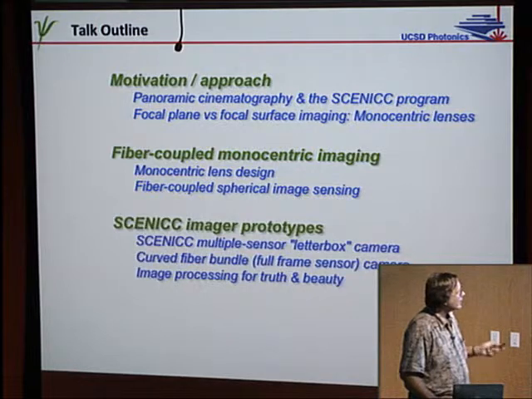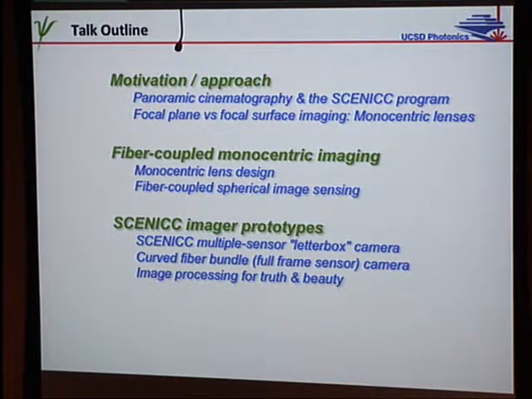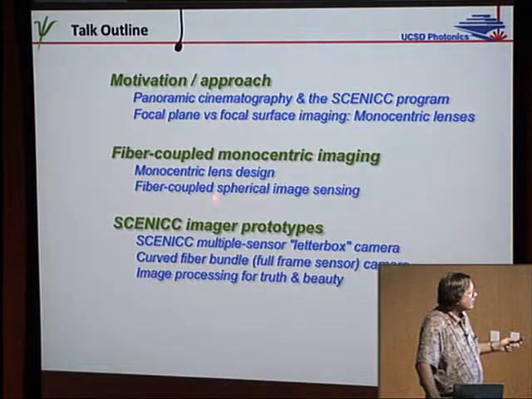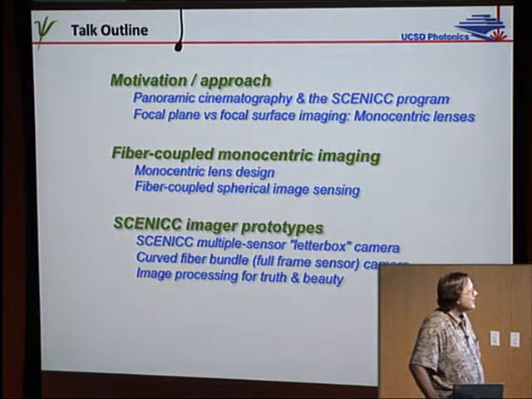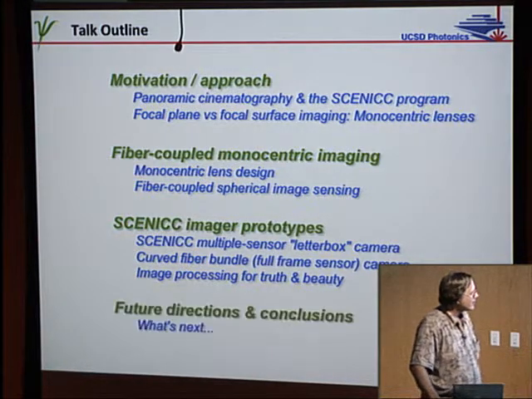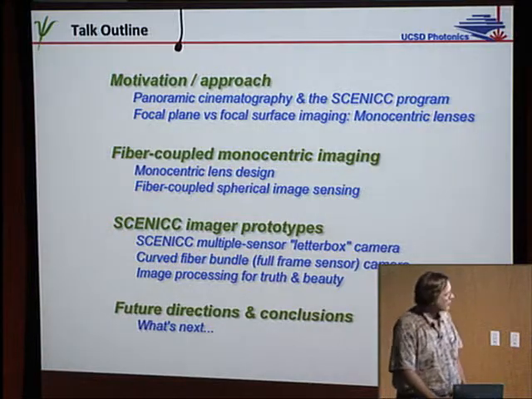And then I'm going to talk mostly about some prototype imaging systems that we've been working on over the past couple of years, including some work on image processing that is quite important in making a beautiful picture. Then I'll just give you some hints on what we're doing next.